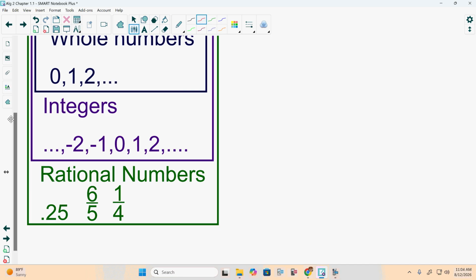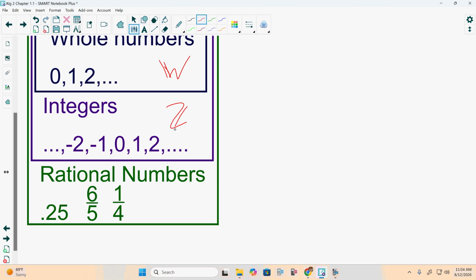The next one we have is rational. Rational numbers. Now, I find a nice way to remember what a rational number is based off the first four letters of rational.